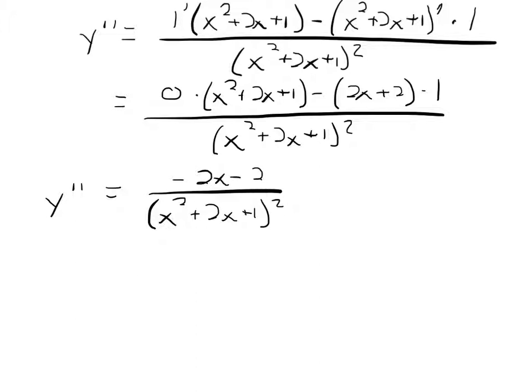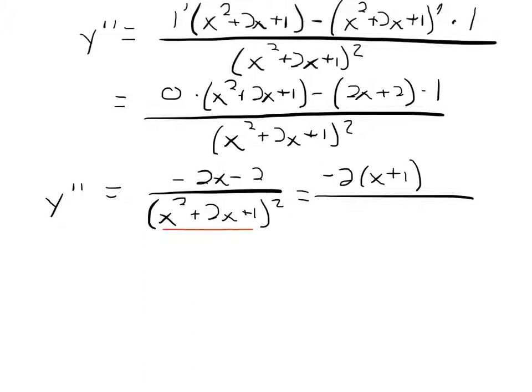Here's what I see. In my numerator, I can factor out a negative 2, leaving me with an x plus 1. If you recall, part of the denominator, x squared plus 2x plus 1, this part in the parentheses, was the same as x plus 1 quantity squared, which in turn is raised to a 2.